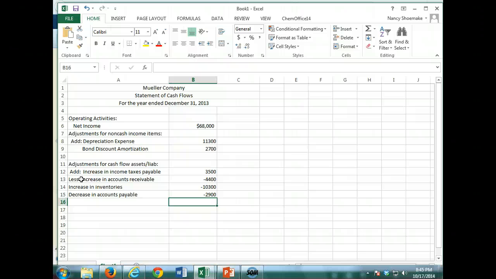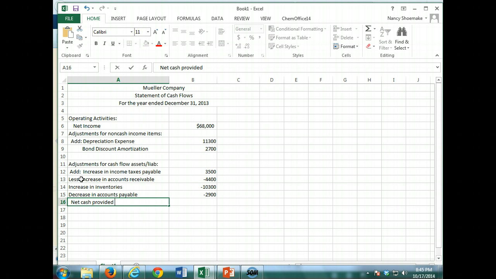Yet we had to pay it out now in this year. Does that make sense, guys? So now we have net cash provided by operating activities of 67.9.